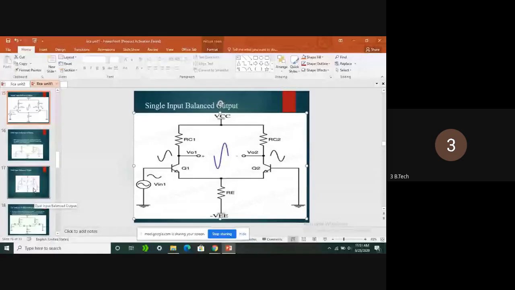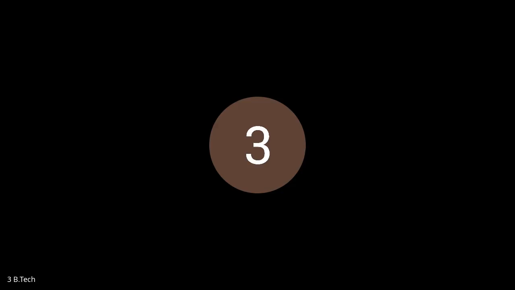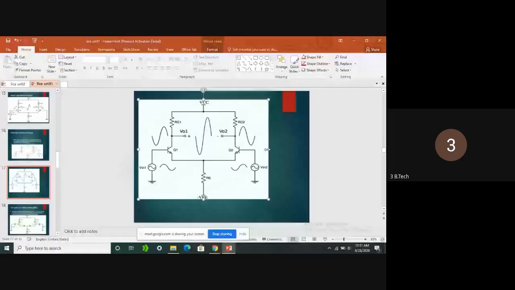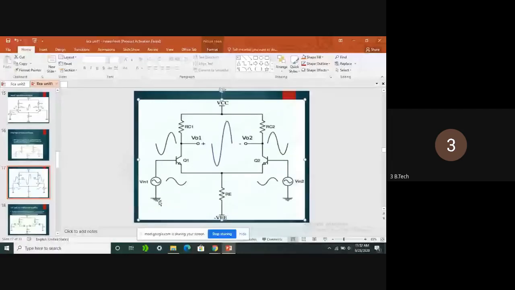This is the differential amplifier used in dual input balanced output. This is the first stage in an operational amplifier. From Q1, one input terminal comes out, that is the non-inverting terminal. From Q2, another input terminal comes out, that is the inverting terminal.